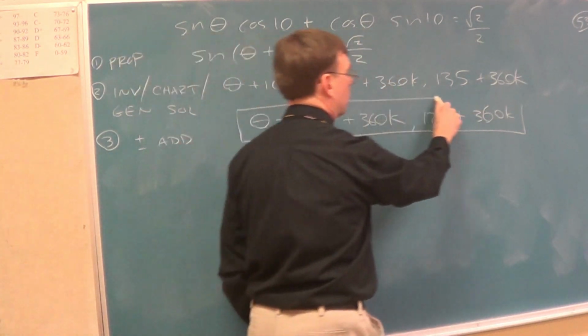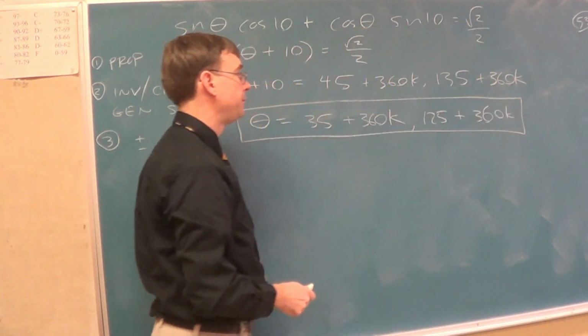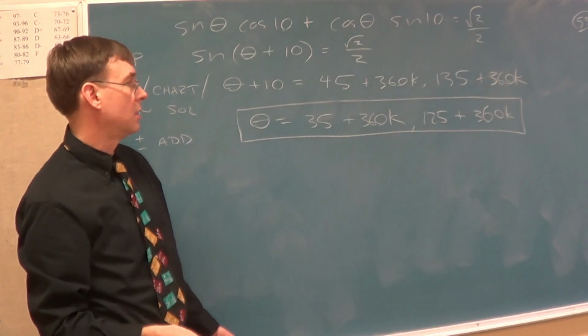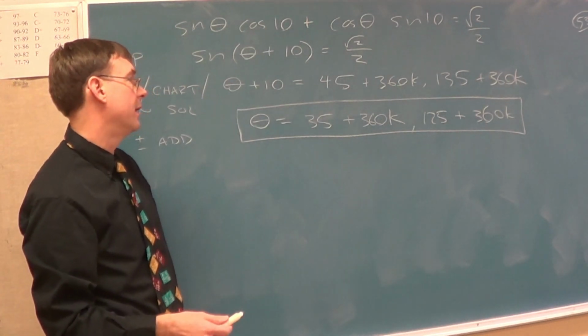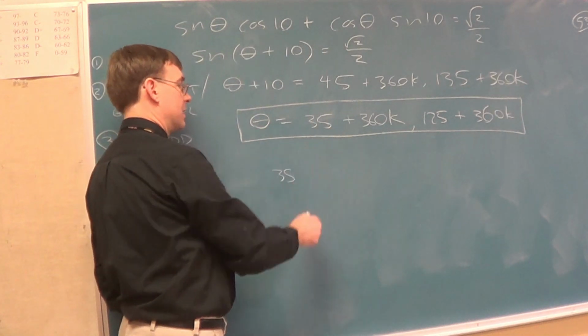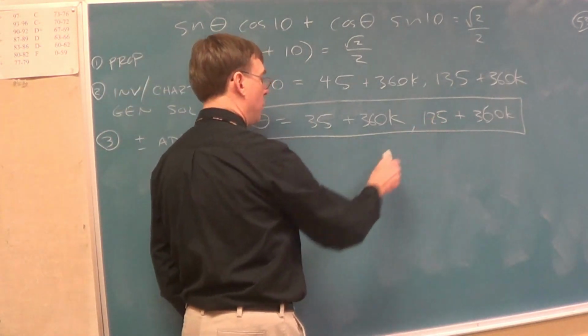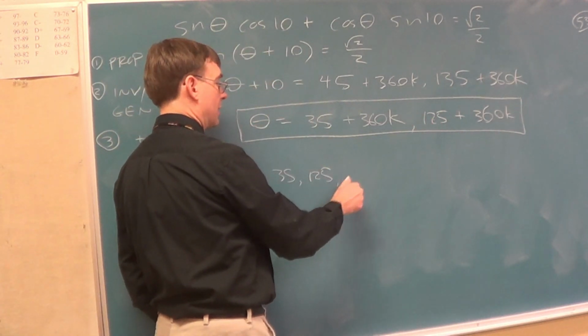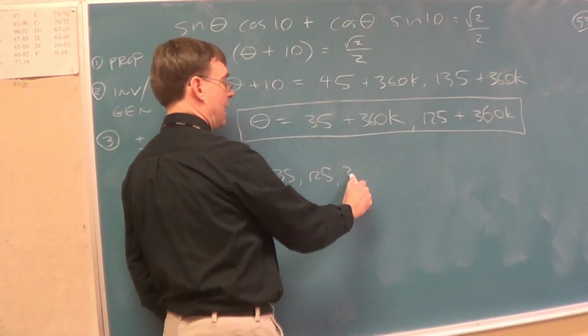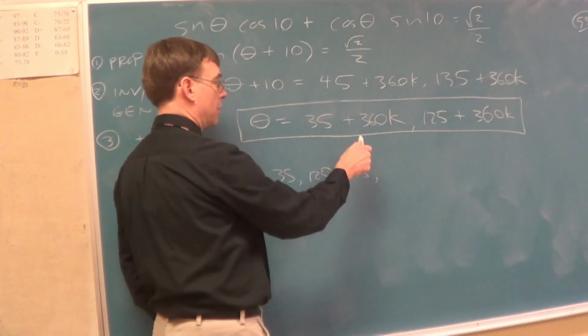And this is what we've been seeking. They won't make you make a list of answers. But if they did want you to make a list of answers that work, 35 works, because that said so. 125 works, because that said so. 360 added to this to get 395 would work.